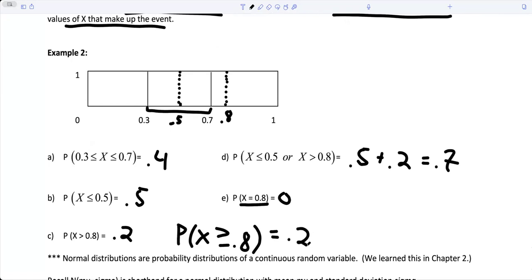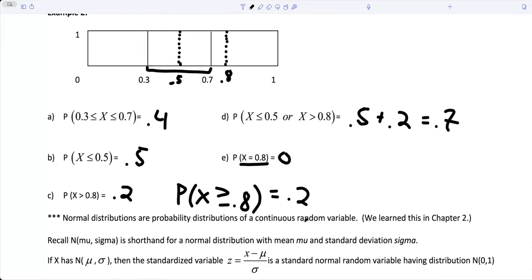So where are we going with this? Well, normal distributions, remember those? Yes. Normal distributions are probability distributions of a continuous random variable. We saw this in chapter 2. Recall, we've got N with parentheses where we have mu and sigma.